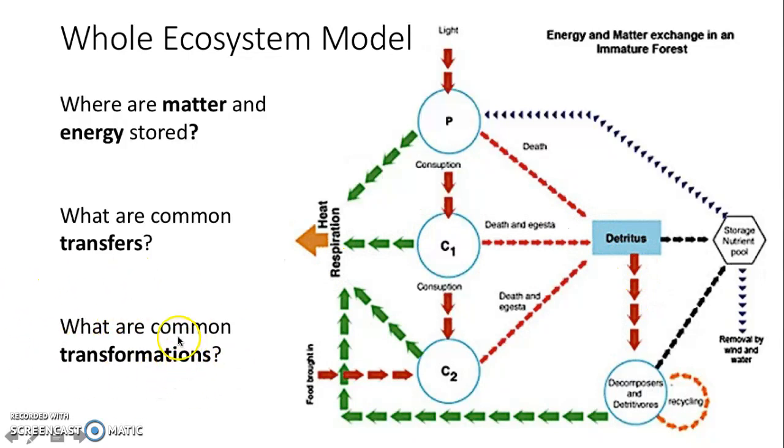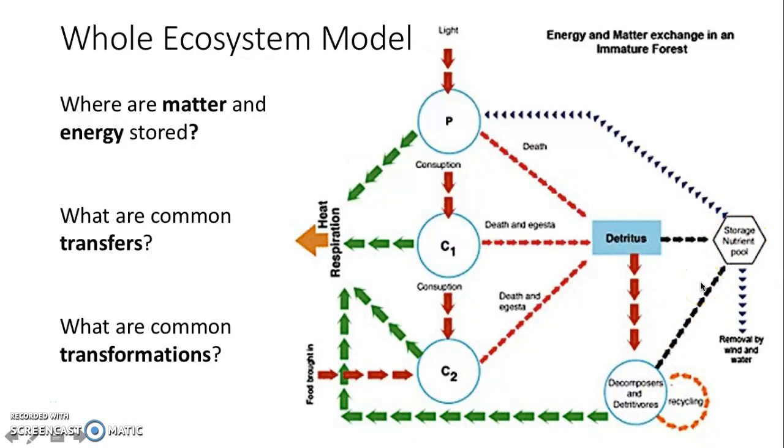Transformation is where energy or matter is changing form. We see detritus, those dead things that will eventually decompose and become nutrients. All of this shows that the detritus, the dead matter, is being consumed by decomposers and then transformed into available nutrients.